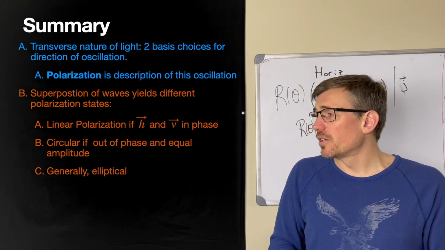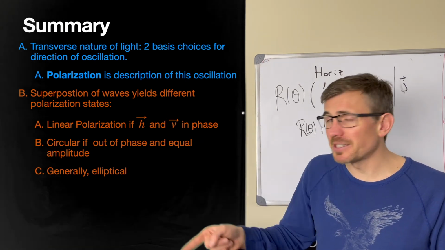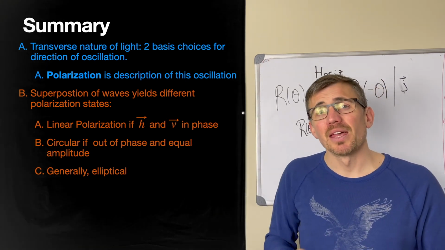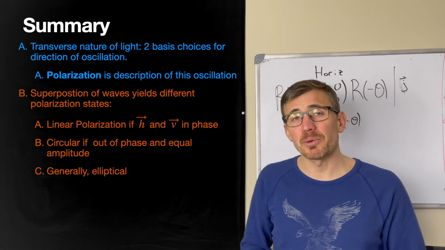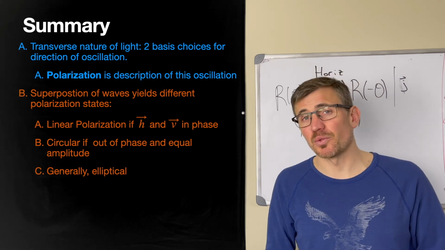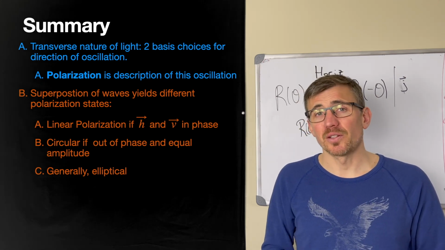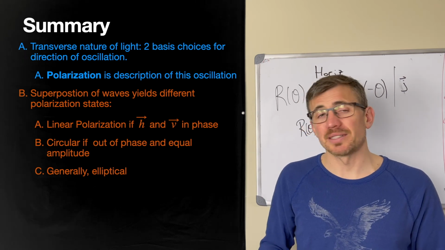Now, we can use this fact that there's 2 degrees of freedom. We have a 2-dimensional subspace that the electric field is oscillating along, and that gave us 2 basis choices. The most typical one is horizontal and vertical, but we can also go plus 45, minus 45, right and left, or we can invent our own bases. As long as they're orthogonal, we'll get the same nice behavior.